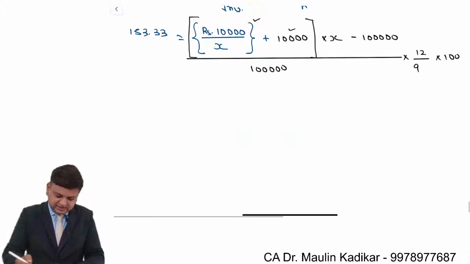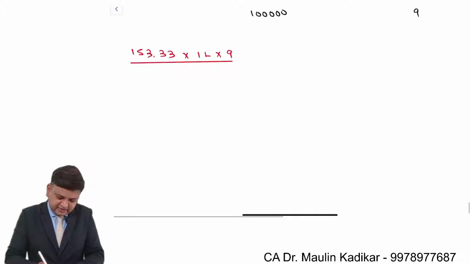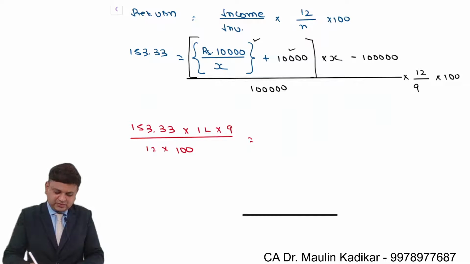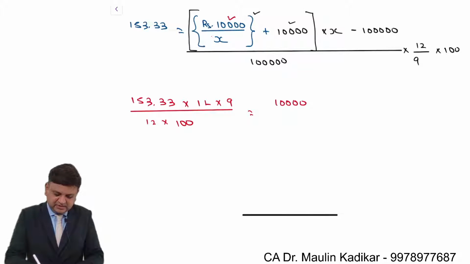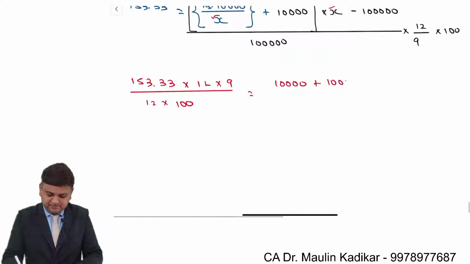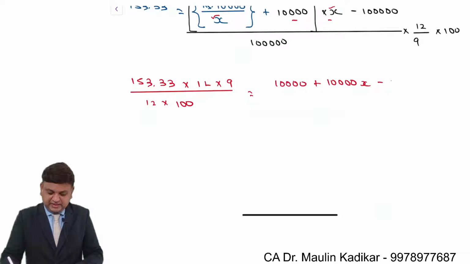So over here we understand that 153.33 into 1 lakh into 9 divided by 12 into 100 is equal to, when you open this bracket, this 10,000 will be as it is, this x and this x will be cancelled, plus 10,000 x, that is multiplication of these two value, minus 1 lakh.